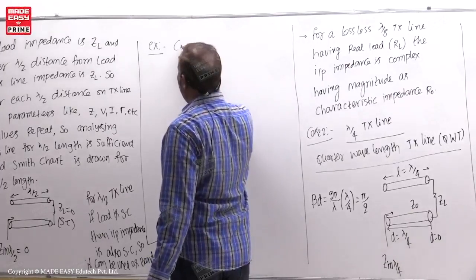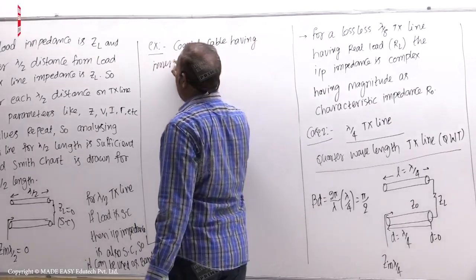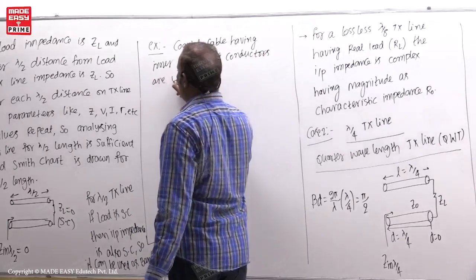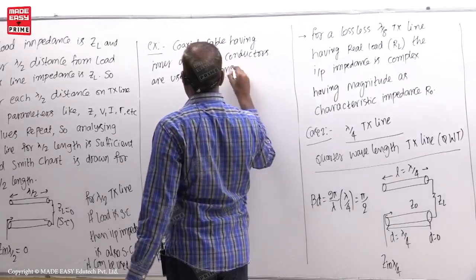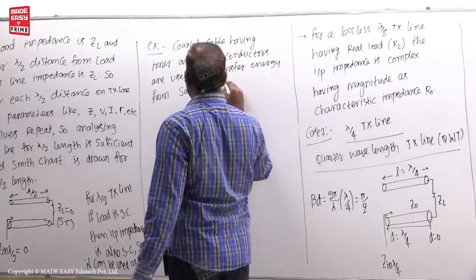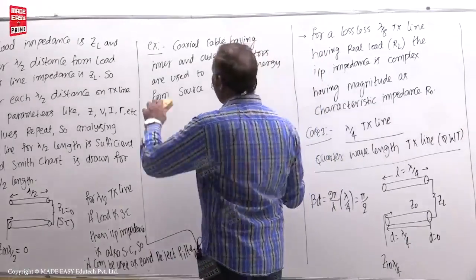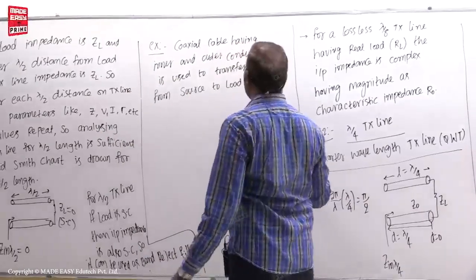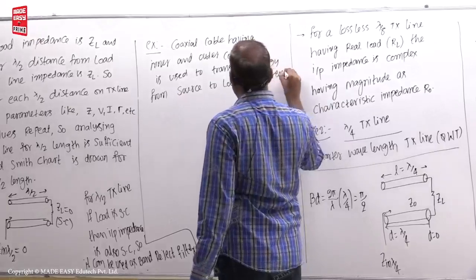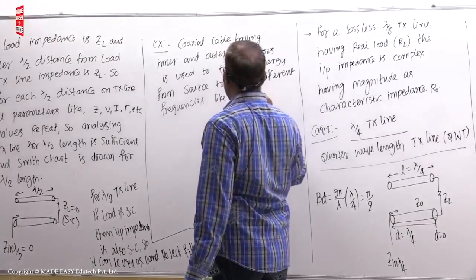Example. A coaxial cable having inner and outer conductors is used to transfer energy from source to load at different frequencies like F1, F2, F3.